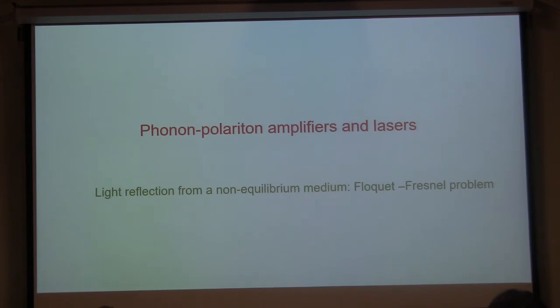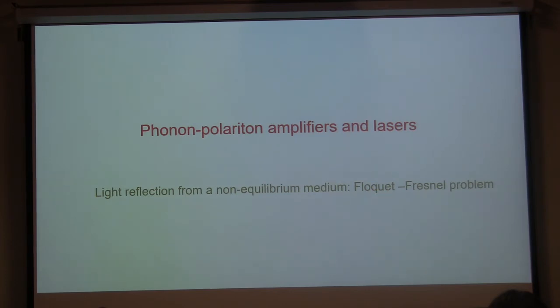Okay, but now, I didn't show you all the details of how to actually get amplification in the case of a Higgs mode, and I did this so that I have an excuse to introduce another system which shows very similar physics in a simpler setting, yet has even more dramatic consequences. Again, we will analyze a Fresnel problem.